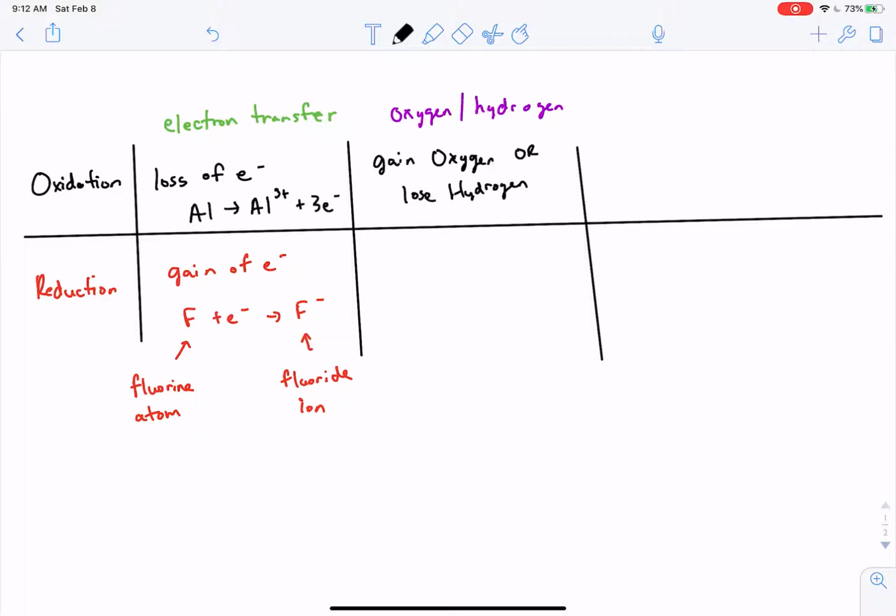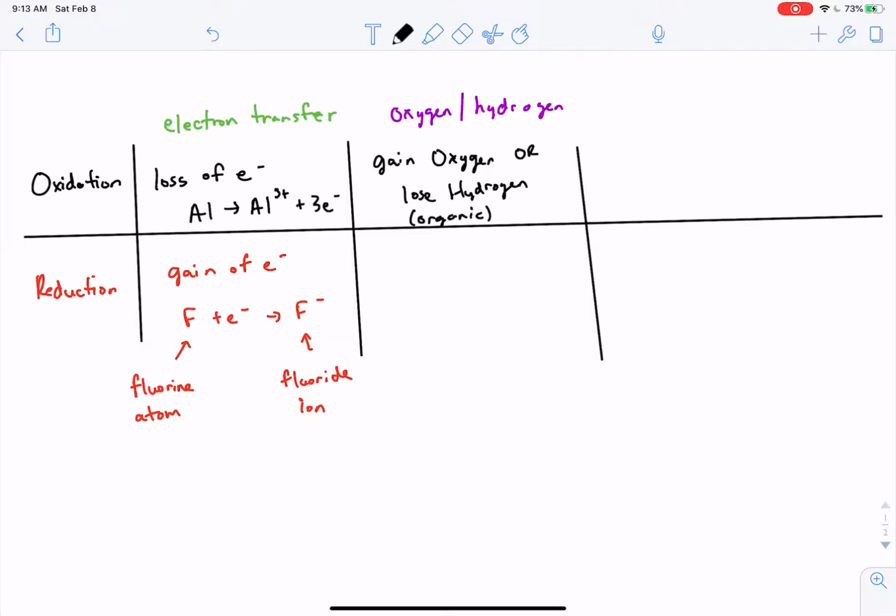So this one tends to be more for organic reactions, like we talked about in topic 10 after topic 9. And so when we're talking about going from an alcohol to an aldehyde or a carboxylic acid or an alcohol to a ketone, we're gaining oxygen bonds and we're losing hydrogen. So this one tends to be kind of more applicable for that.